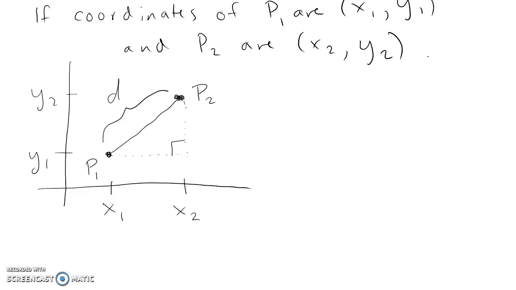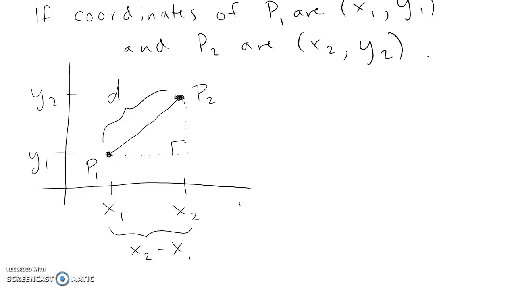Then when I look at the length of this side of the triangle, this has length x2 minus x1.